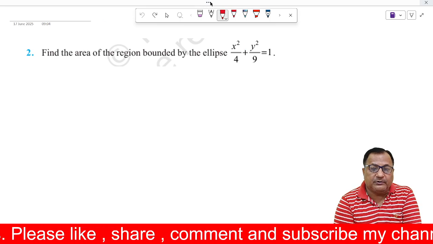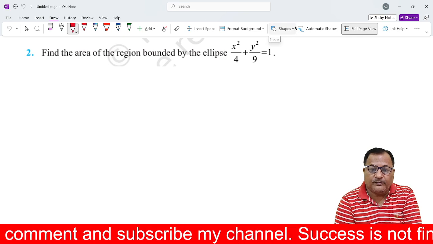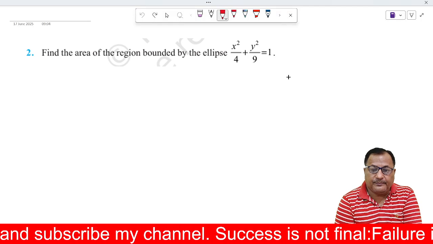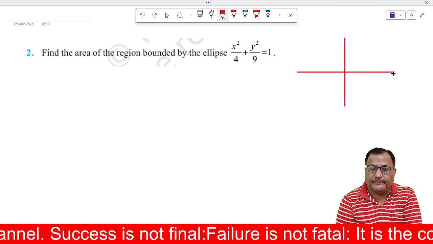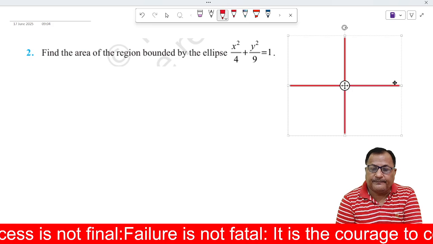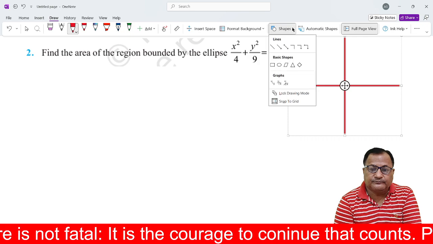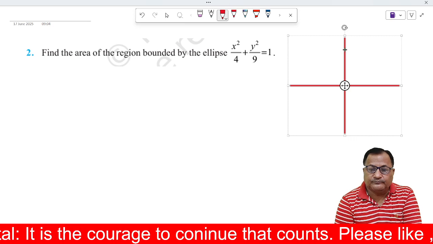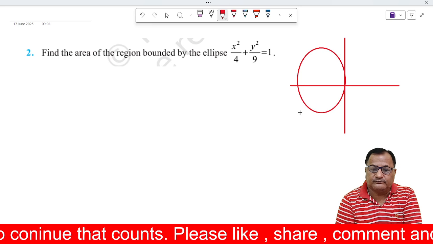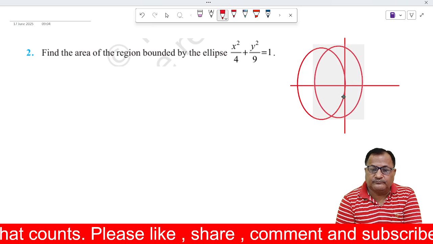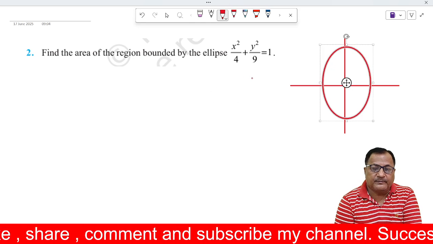For this, first we will draw the ellipse. This is the ellipse.